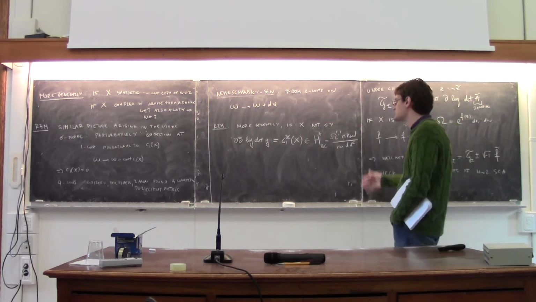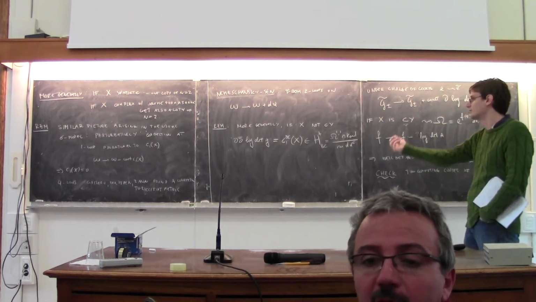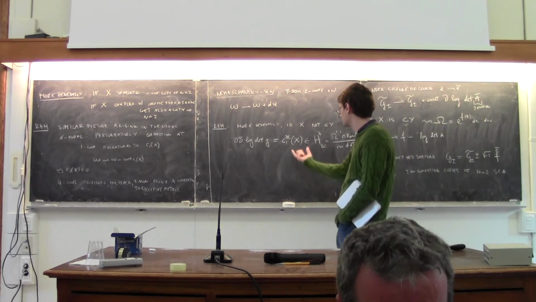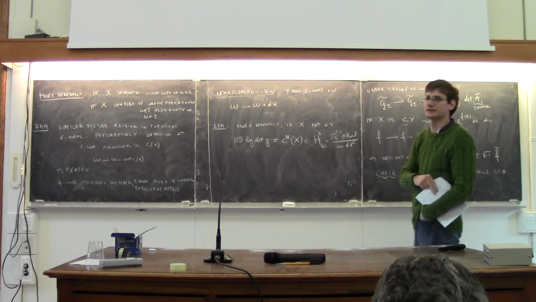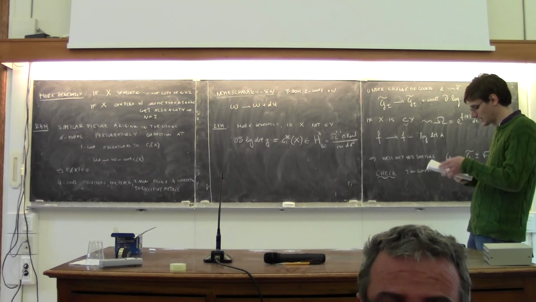And for some class of manifolds, one can prove an analog of Yau's theorem that any form here can be realized by a metric from the one that you started with.